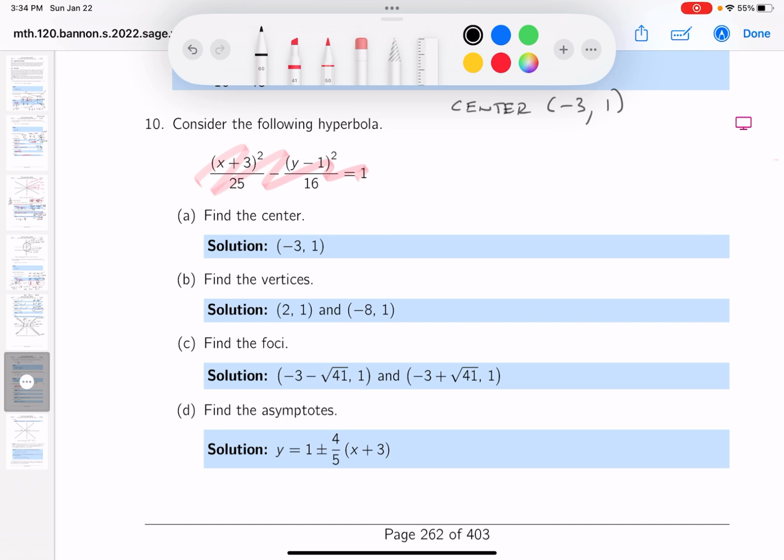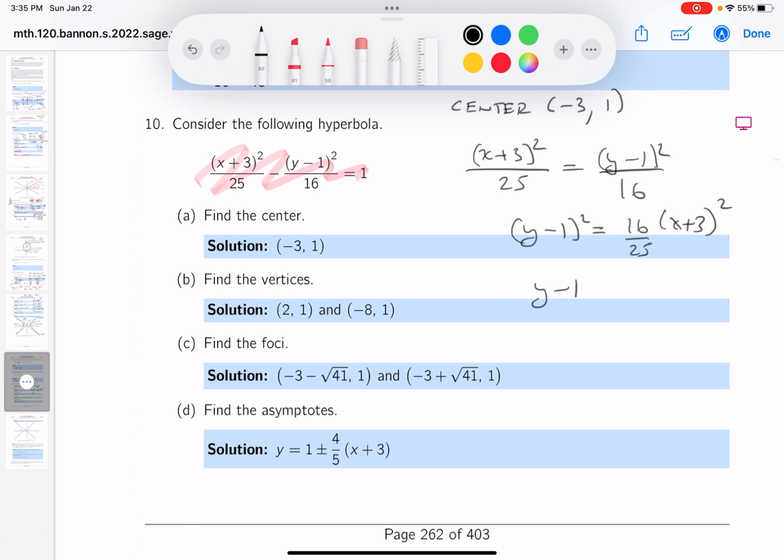The other thing I'd like to do is the asymptotes, by the way, and let me write this over here. It's x plus 3 squared over 25 would equal y minus 1 squared over 16. I'm going to rearrange that: y minus 1 squared would equal 16 over 25 times x plus 3 squared.